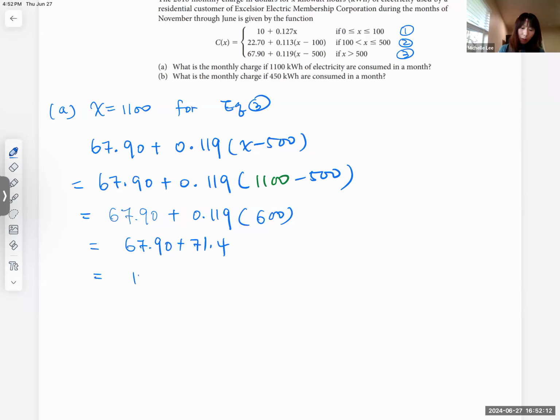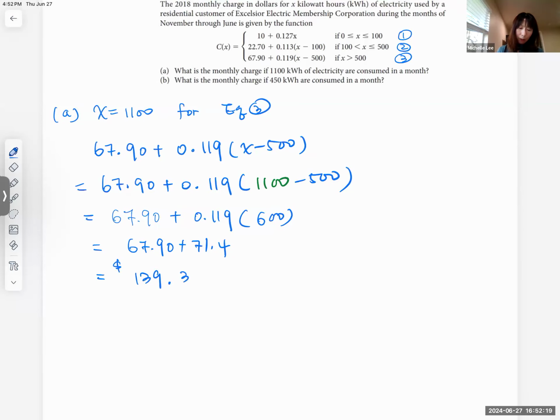We get 139.30, right? So this is the money. 139 and 30 cents, right? Yeah. Okay.